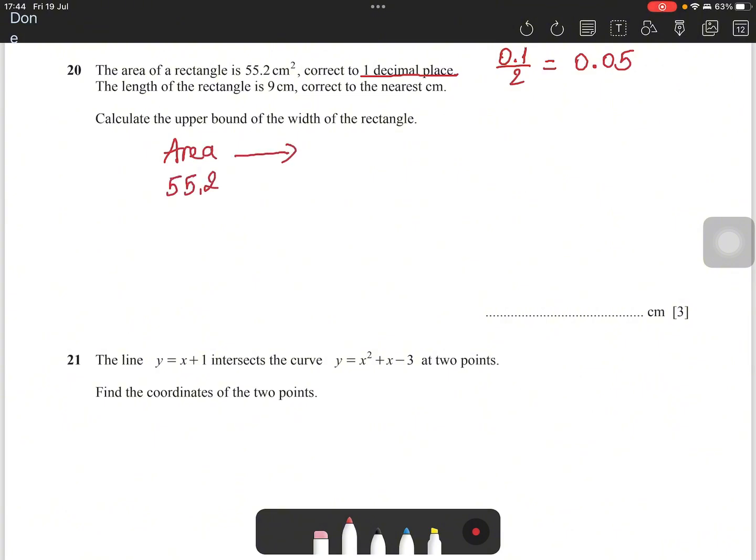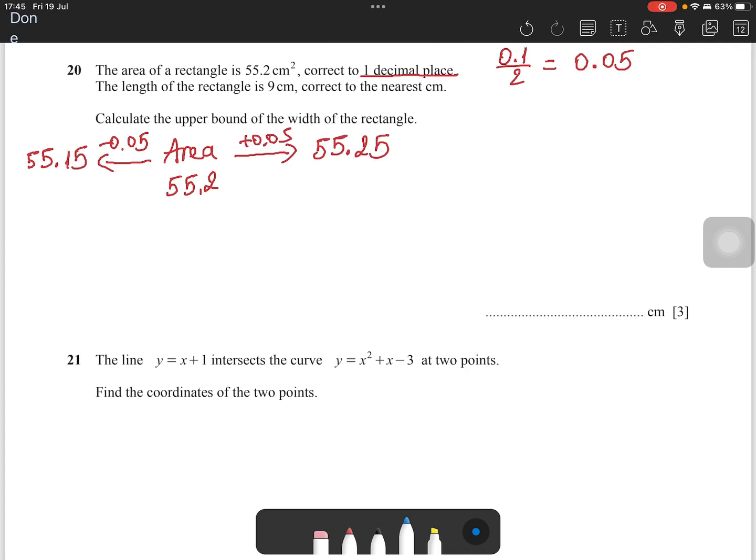We'll write down the upper and lower bound of it by adding 0.05 or subtracting 0.05. 55.2 plus 0.05 is 55.25. And when we subtract 0.05, we'll get 55.15. This is the upper and lower bounds for the area.